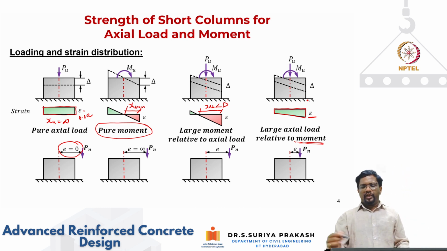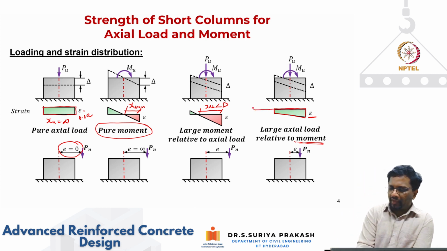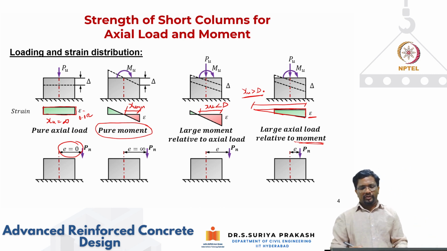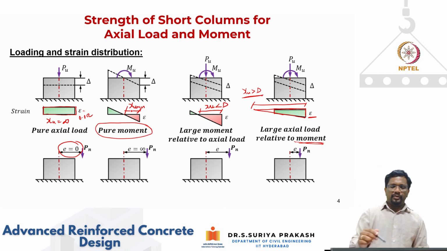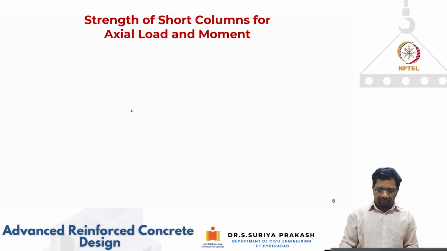So you can see that you have different scenarios. In this case, the neutral axis depth is going to be much larger than the depth of your section. Here the neutral axis will be less than the depth, and this will be the minimum. For pure axial compression, the neutral axis depth will be at infinity.